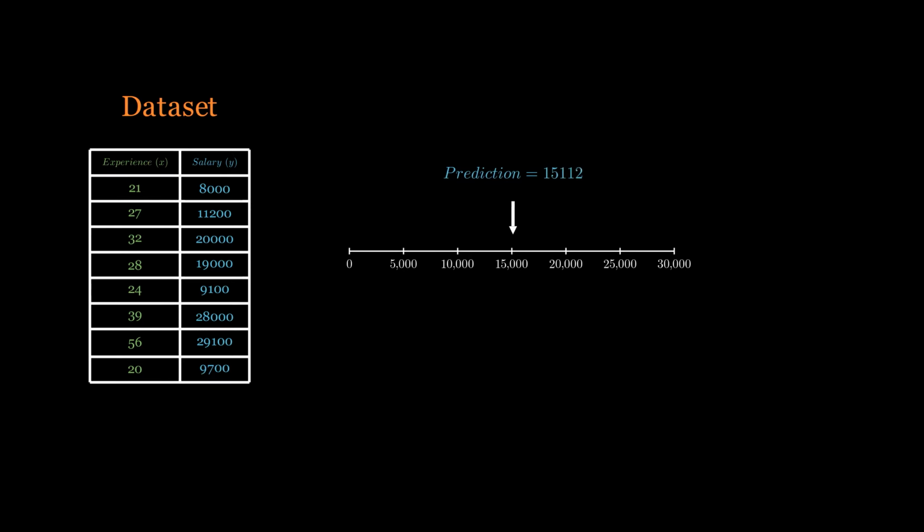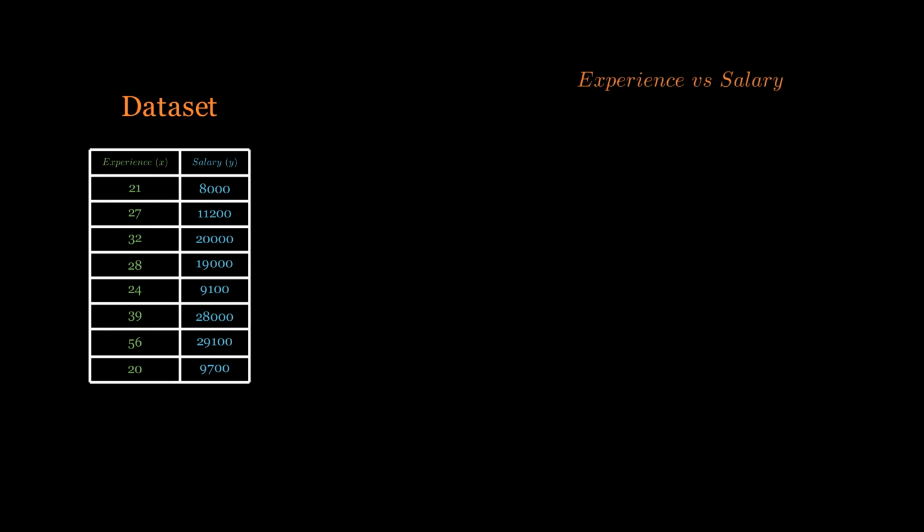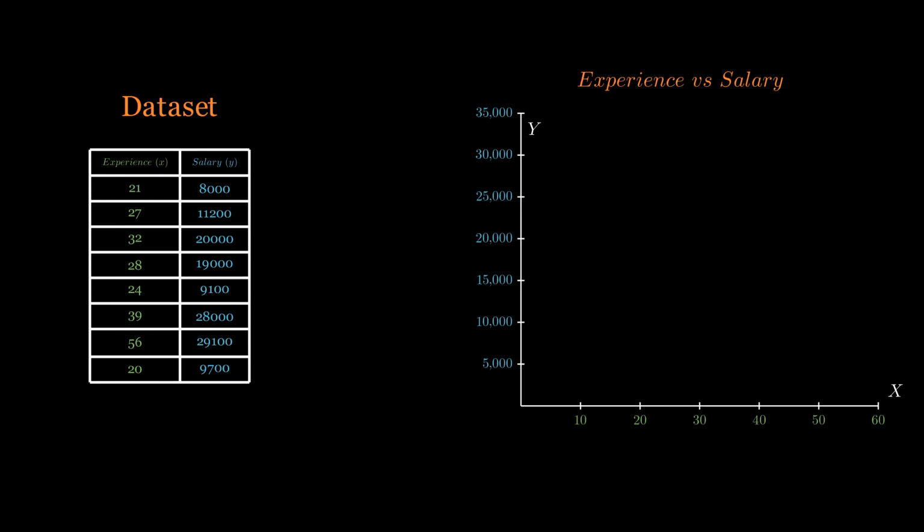So I believe the most intuitive way to do this is through plotting the years of experience against the salaries. Notice that as the years of experience increase, the salaries also increase. So in statistical terms, we say that the years of experience and the salaries have a positive relationship.